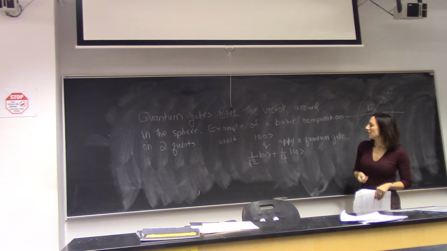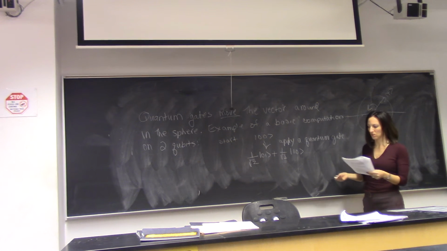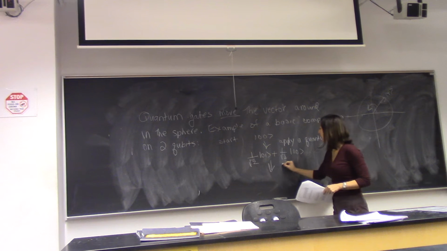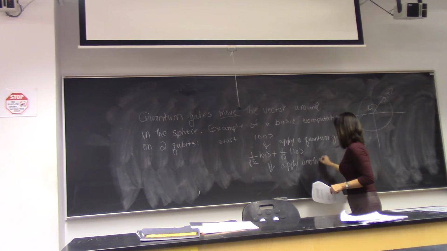A quantum gate is just a unitary operator. And I'll write it down, if you want, in terms of vectors, in case the Dirac notation is throwing them off. Okay, apply another quantum gate. Apply another.